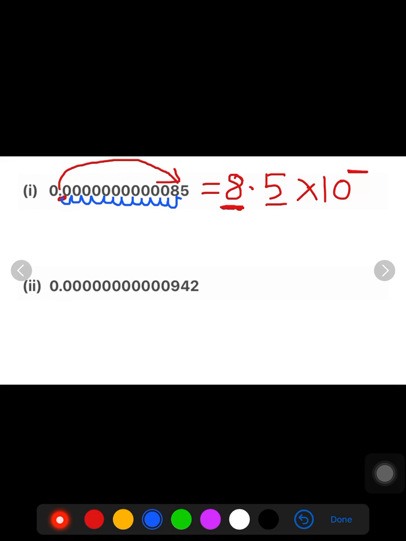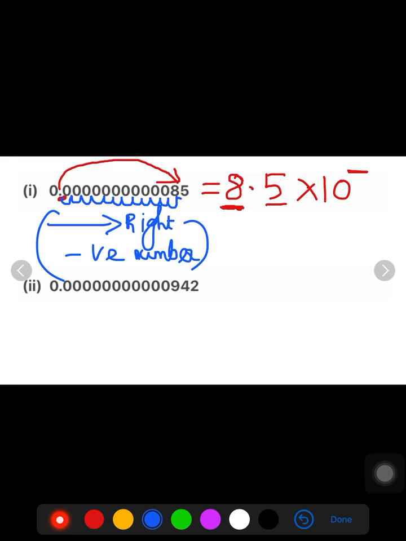When you move your decimal point to your right side, you use negative exponents. You can remember it either way: moving your decimal point to the right means negative exponents, or if your number is very small, you can represent it in standard form using negative exponents. So here your answer will be 8.5 into 10 to the power of minus 12.